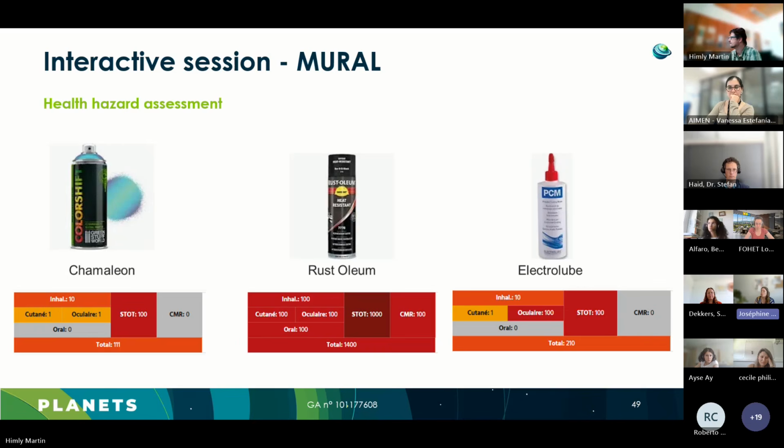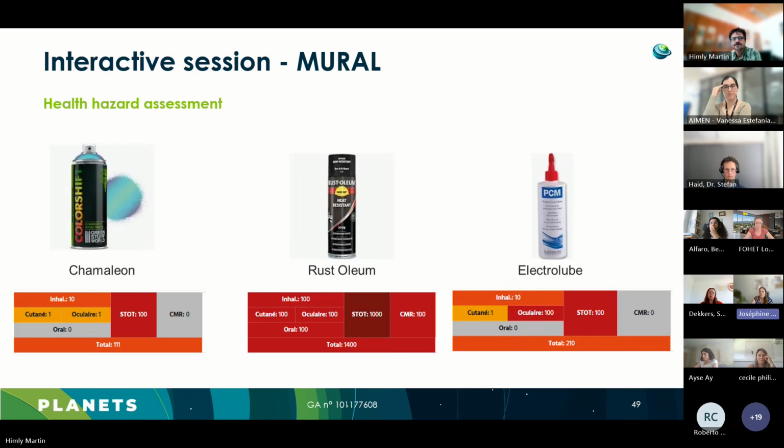The maximum that could be reached is 2,300, while electrolube and chameleon are in the same range and in the same band of product. Therefore, if we focus only on the health hazard, we could keep chameleon or electrolube, and then we will have to assess the exposure and other parameters to make an enlightened decision. And that's it for my side.